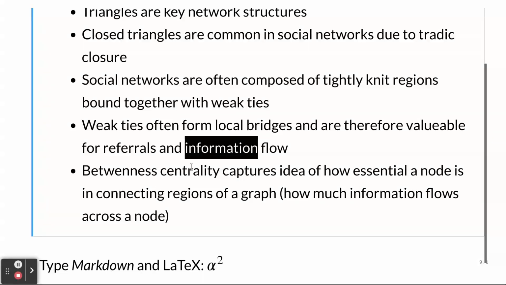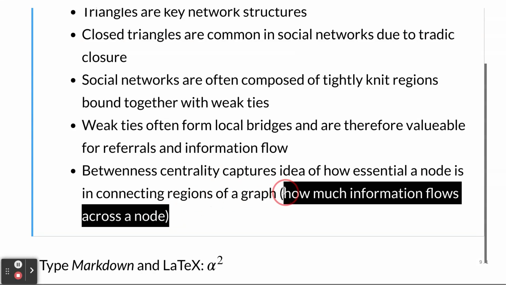And this betweenness centrality measure really captures the idea of how essential or crucial or central a particular node is in connecting regions of a graph. And again, another way to think about this is how much information on average has to flow past a particular node in order to be sent from arbitrary nodes.